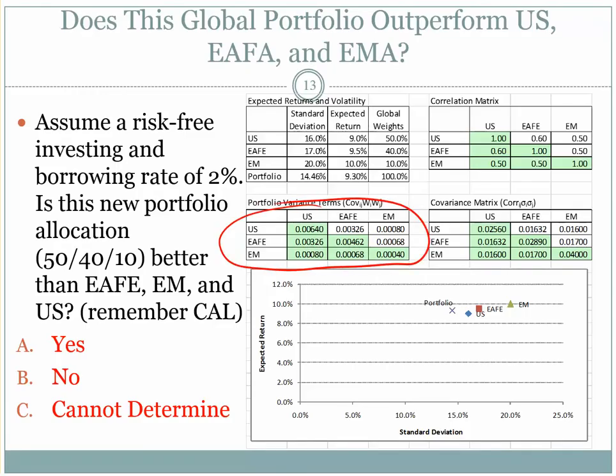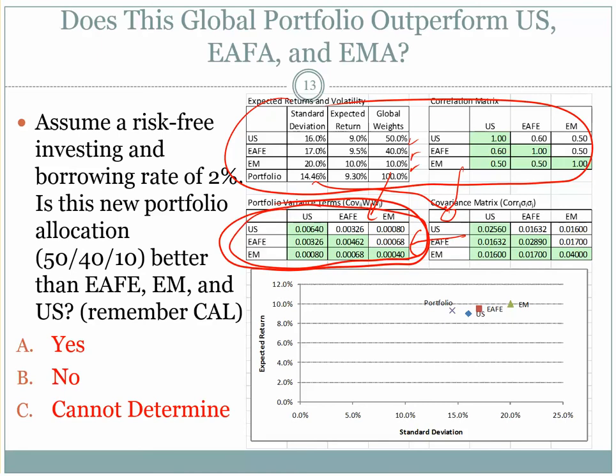So again, from the beginning, we created estimates of standard deviations, returns, guessed some weights in here, got a correlation matrix. From the standard deviations and correlation matrix, we calculated a covariance matrix. From the covariance matrix and the vector of weights, we calculated this last variance calculation matrix.